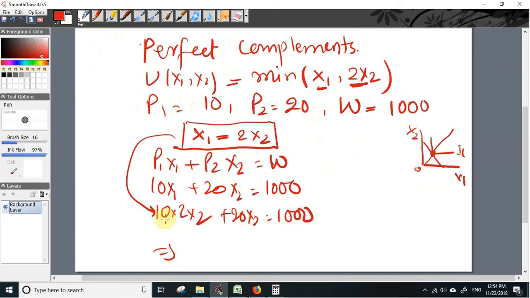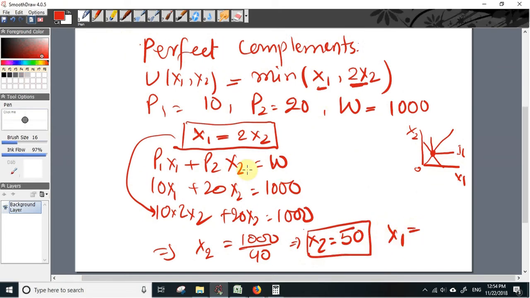So this gives us 40x2 equals 1000, x2 is 1000 over 40, which gives us x2 equals 25. And x1 is 2 times 25, which is 50.